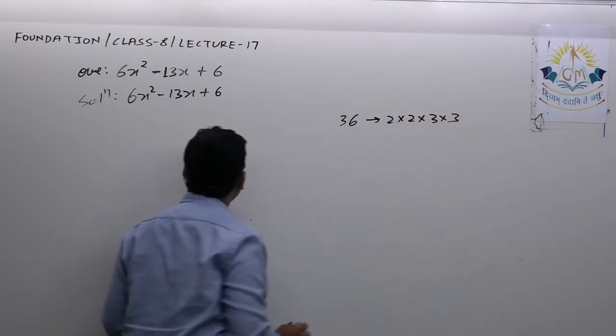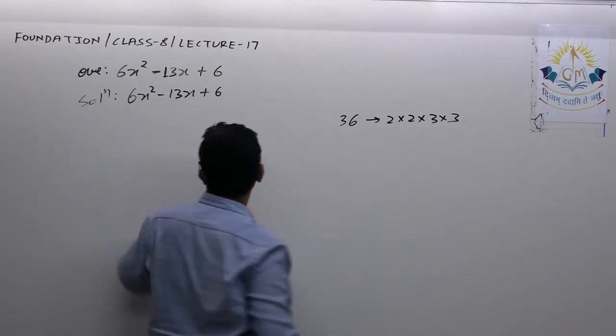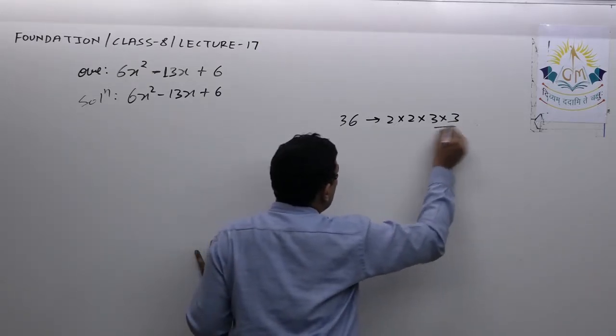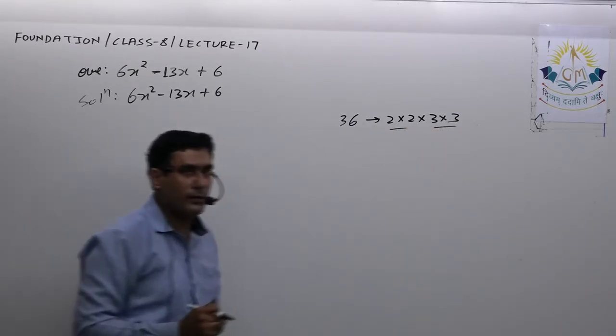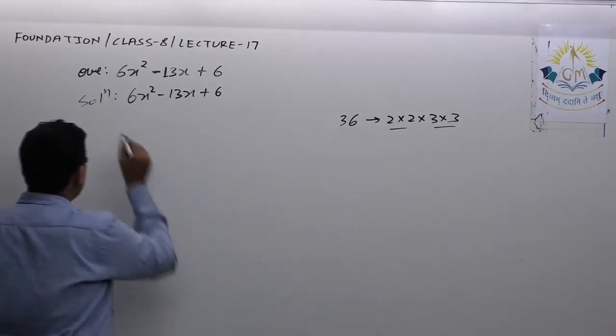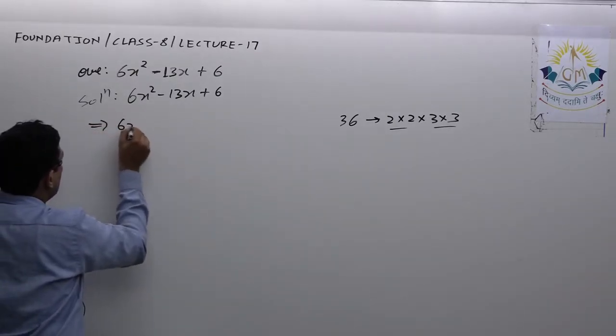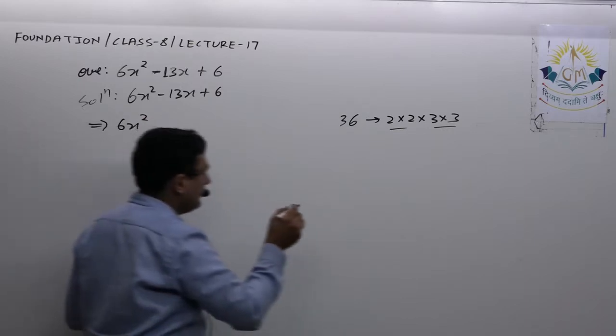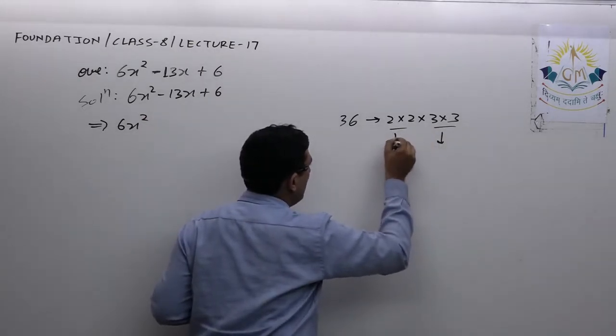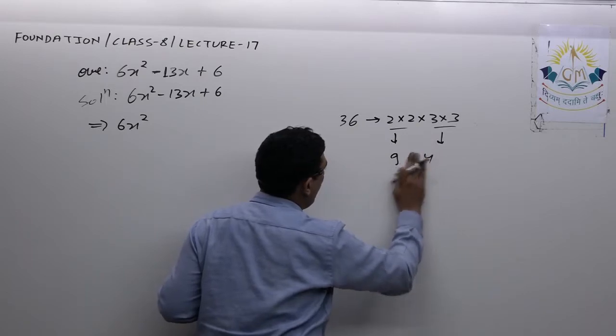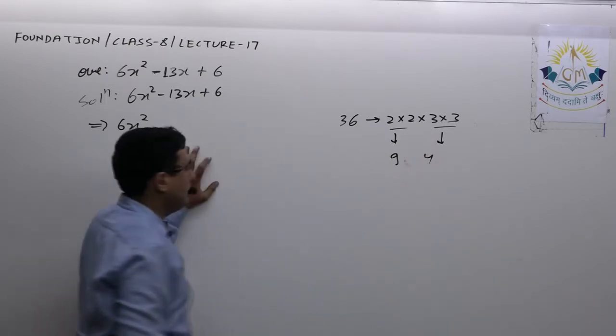And we know the factors were 2 multiplied by 2 multiplied by 3 multiplied by 3, isn't it? Now, over there it was minus 5x, so I took these 2 and I got the difference. Now, here it is minus 13, so that is not going to make much difference, but obviously I have to take 9 and 4 only, but this time I have to add them to get 13.